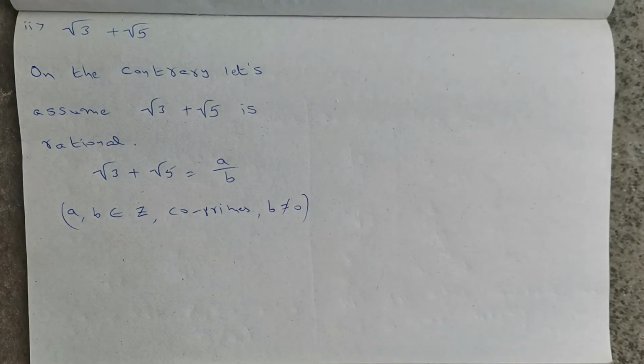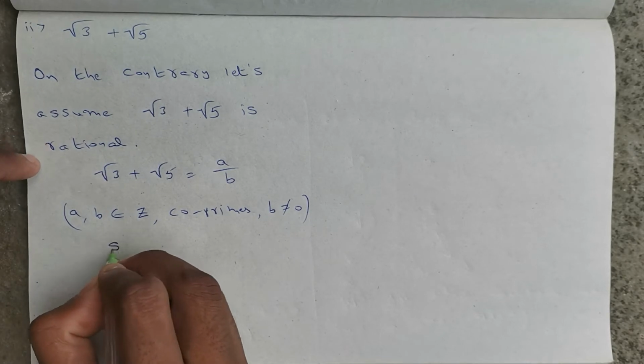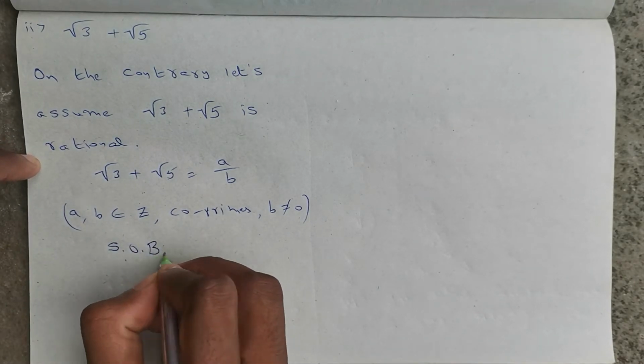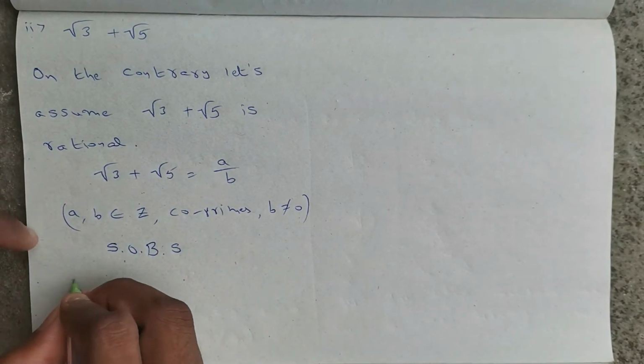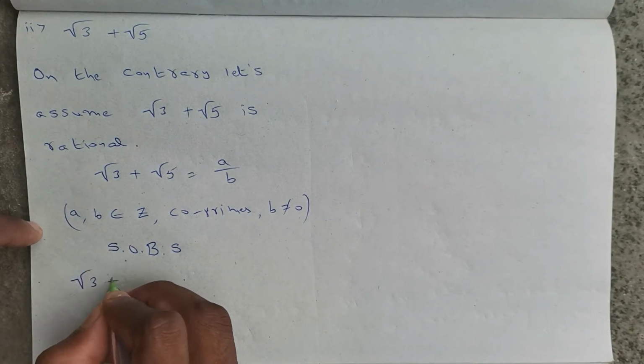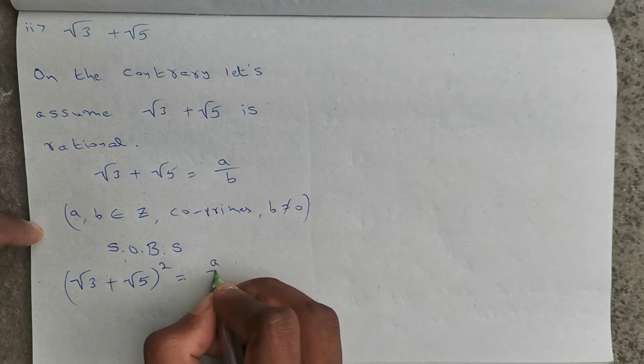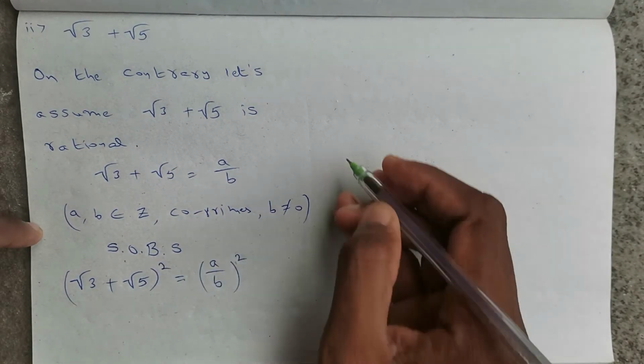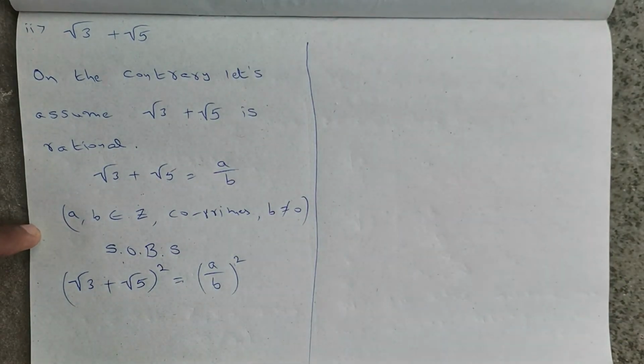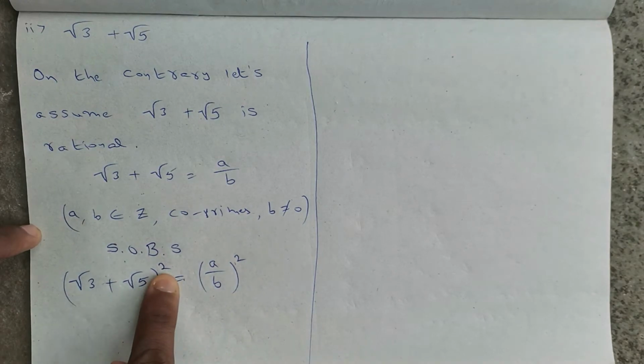Now what we will do, squaring on both the sides. So we get root 3 plus root 5 whole square is equals to a by b whole square. Now this root 3 plus root 5 whole square is in the form of a plus b whole square.